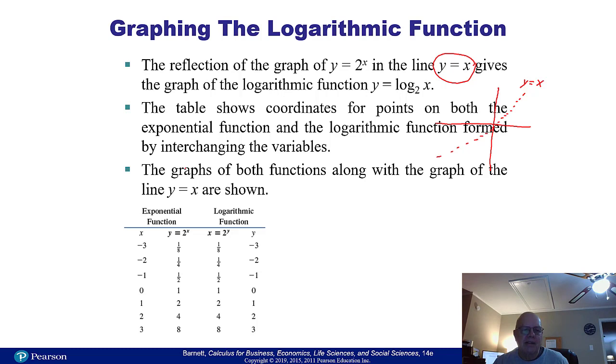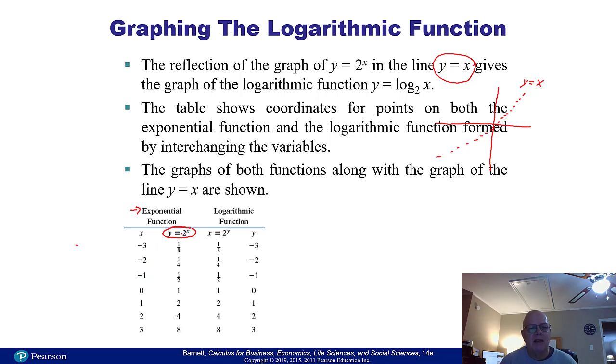Now here are some examples. Sort of one example, sort of two examples. We start with this exponential function right here. And that function looks like this. Notice that the base is 2. And we put various numbers in for the x. You can use our calculator.